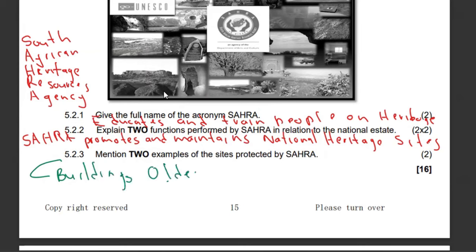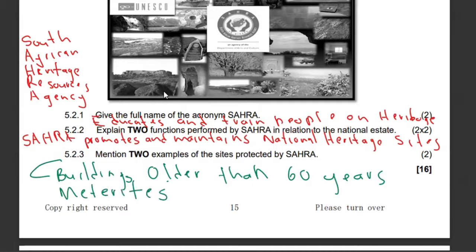That is the first thing. Buildings which are older than 60 years. Then we also have meteorites. Then we also have shipwrecks. Burial grounds.